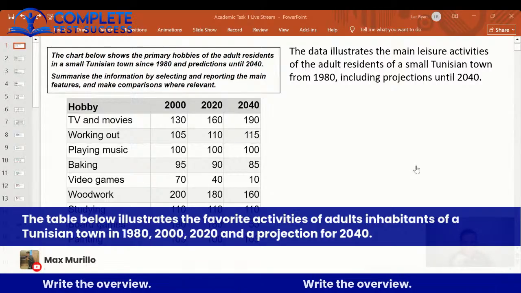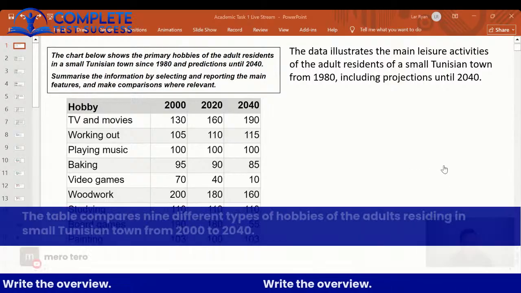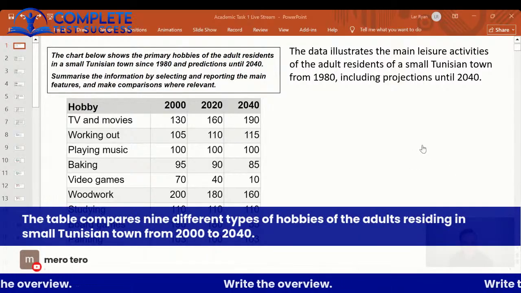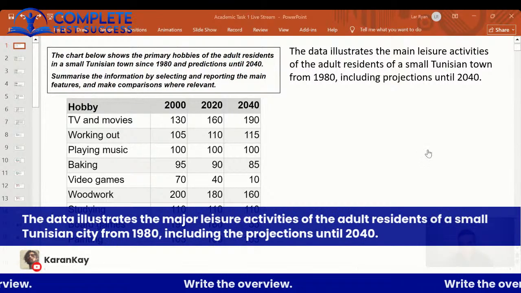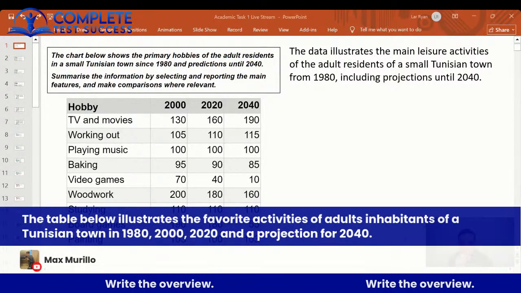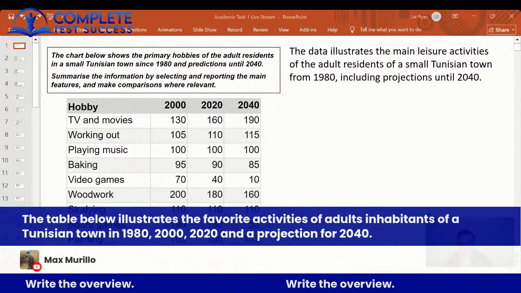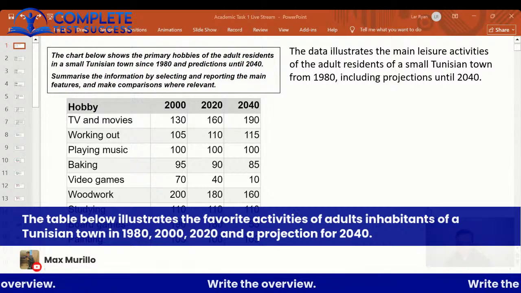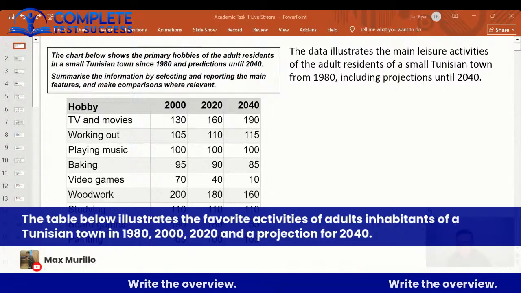So we can just copy the word hobbies, like Miro has done here, change it to leisure activities, like Karan has done here, but activities isn't quite the same. So the table illustrates the favorite hobbies of adult inhabitants of a Tunisian town in 1980, 2000.